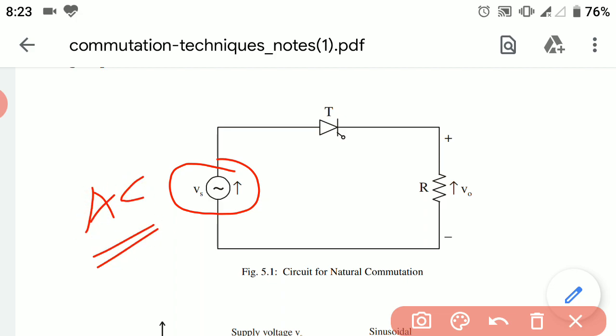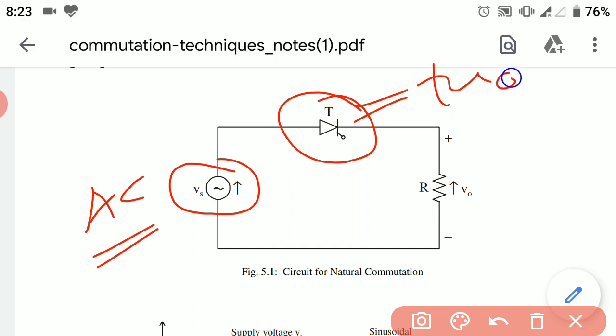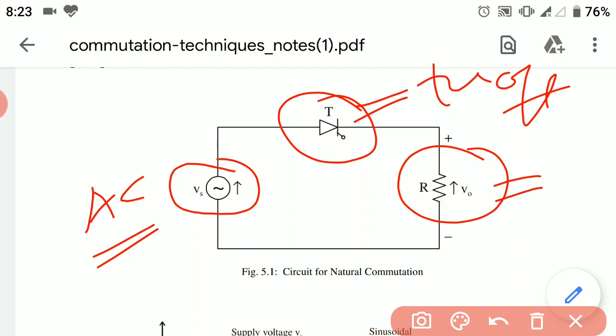This is the thyristor which is to be turned off, that is, commuted, and this is the load, a resistive load, through which the output voltage can be observed.